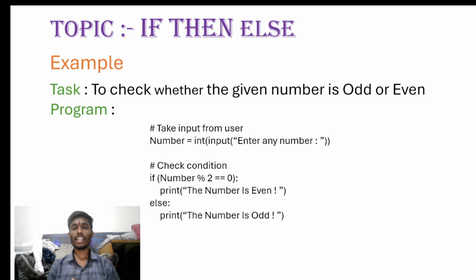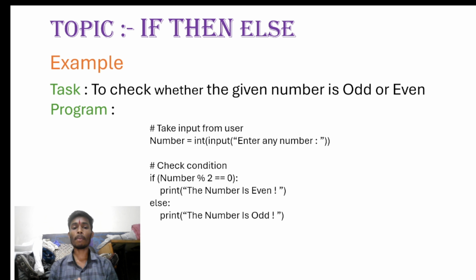Okay, then there is one example of this if then else statement. It performs the task of checking whether the number entered by the user is odd or even, and gives output accordingly. This is a basic program. The hashtag is the symbol used to comment a line, and number is a variable inside which the number entered by the user is stored temporarily in the form of an integer.